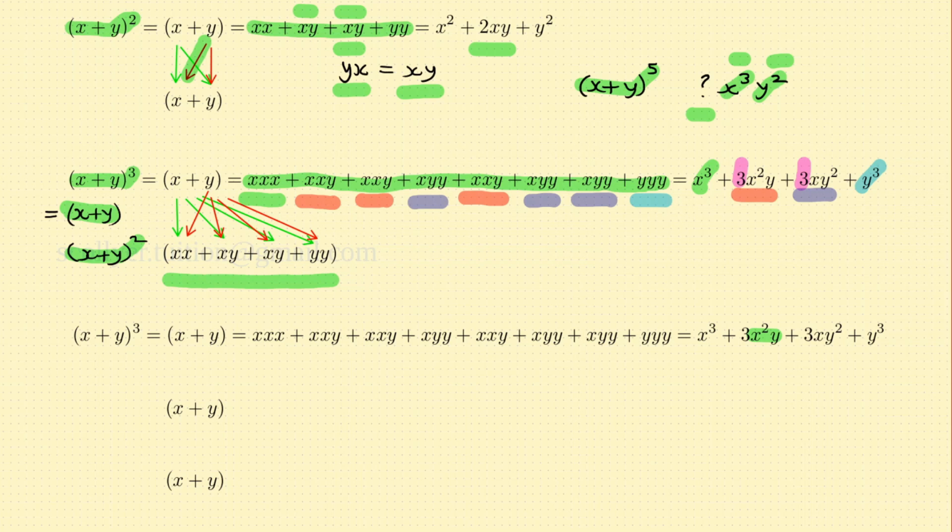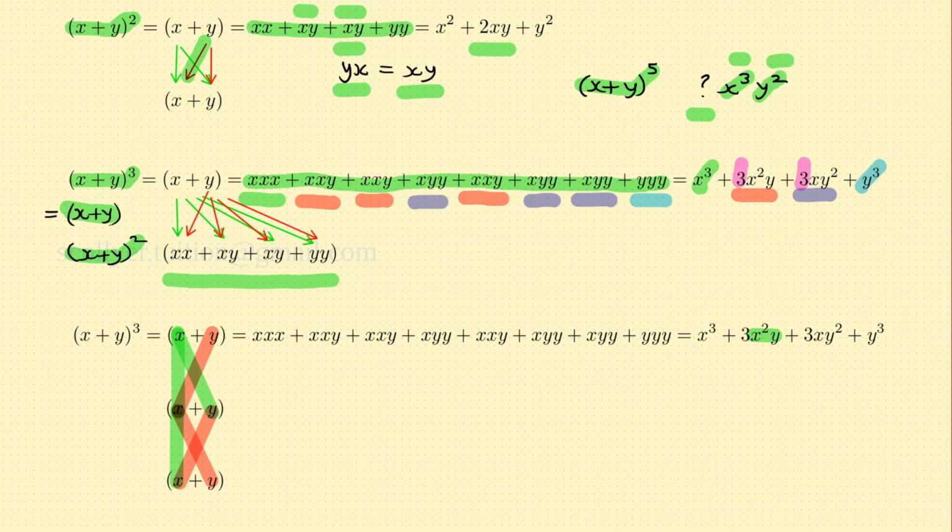To get such terms, we can choose x from the first bracket, multiply that with x from the second bracket, and then multiply that with y from the third bracket. Or we could choose x from the first bracket, multiply that with y from the second bracket, and multiply the result of that with x from the third bracket. Or we could choose y from the first bracket, multiply that with x from the second bracket, and multiply the result of that with x from the third bracket.